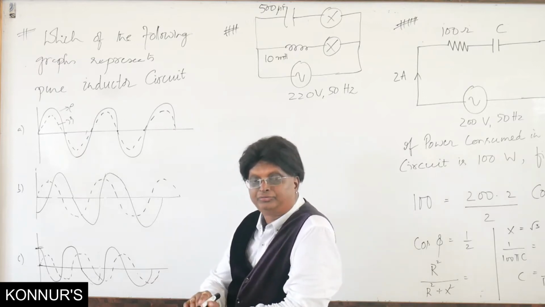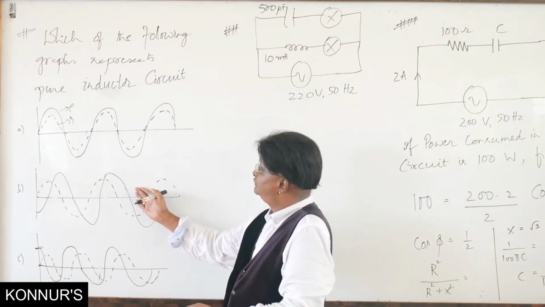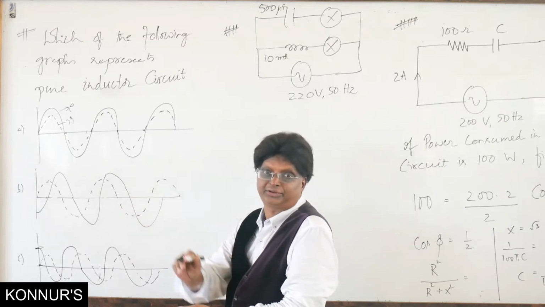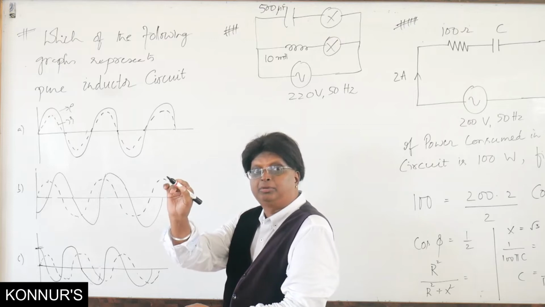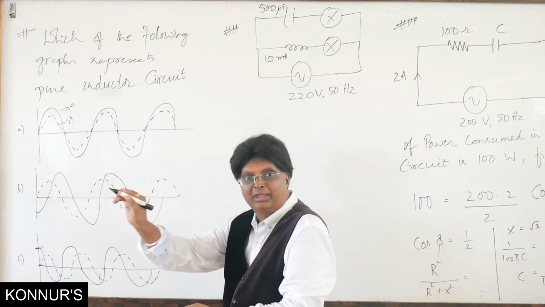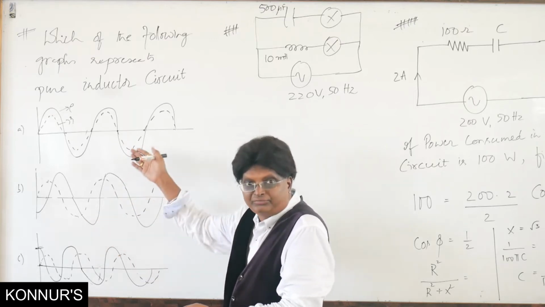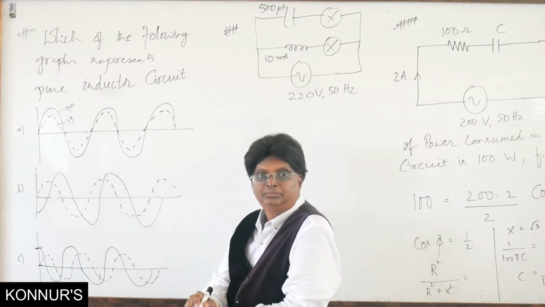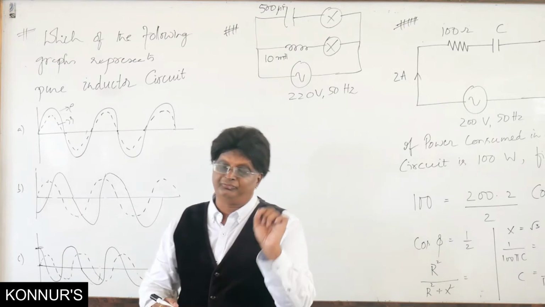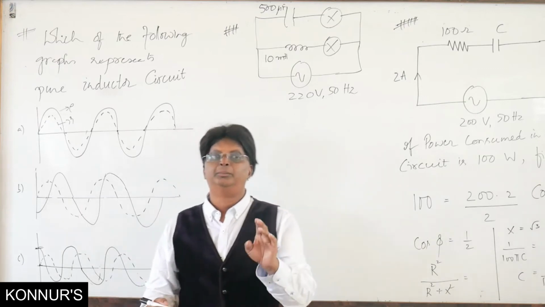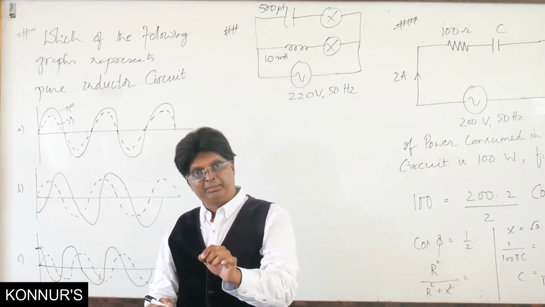So this is how, for a given graph, we find the nature of the circuit. Similarly, you will be given graphs for pure C, pure L, and CR, and asked which graph represents the correct representation. I have told you that the phase difference is pi by 2 in the case of a pure inductor and a pure capacitor.